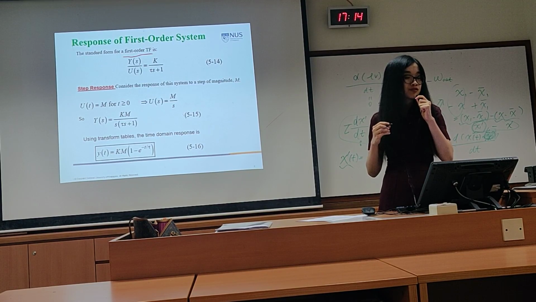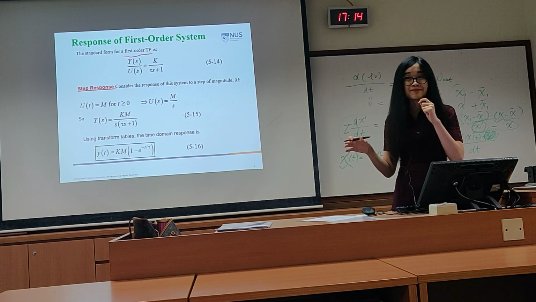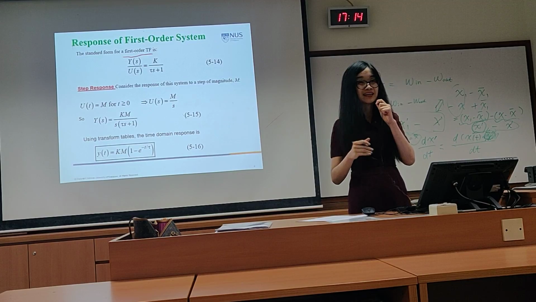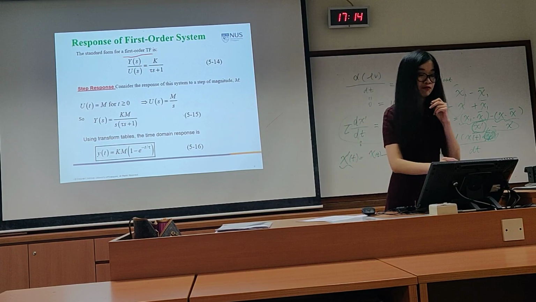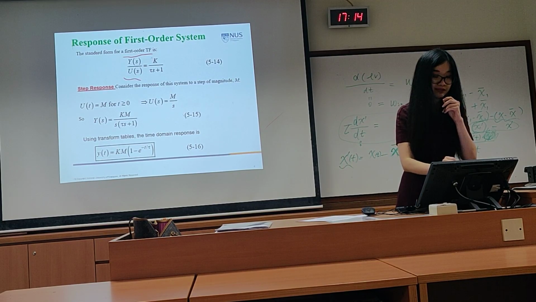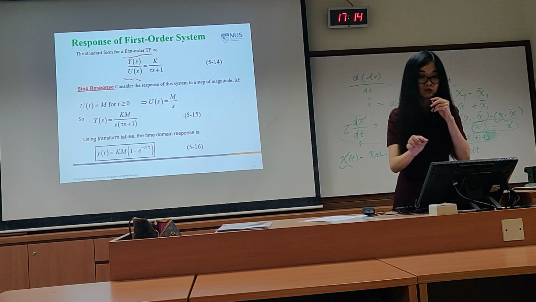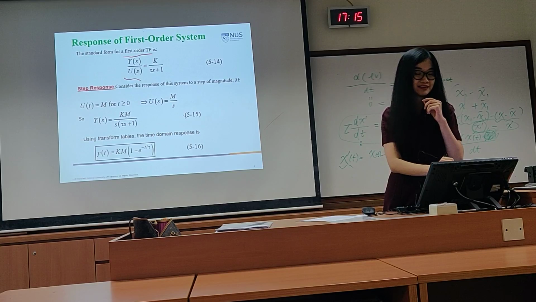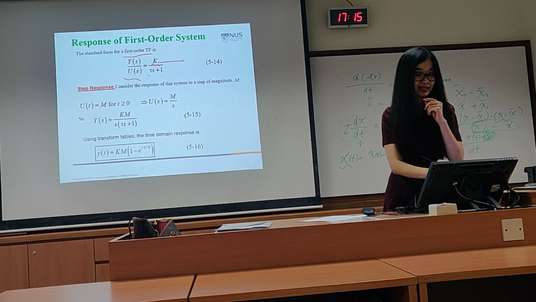So the first order transfer function gives you the relationship between your output Y(s) to the input U(s) in the Laplace domain. So we have Y over U defined as K over tau s plus 1. So still remember what these 2 important coefficients mean. What is K and what is tau here.